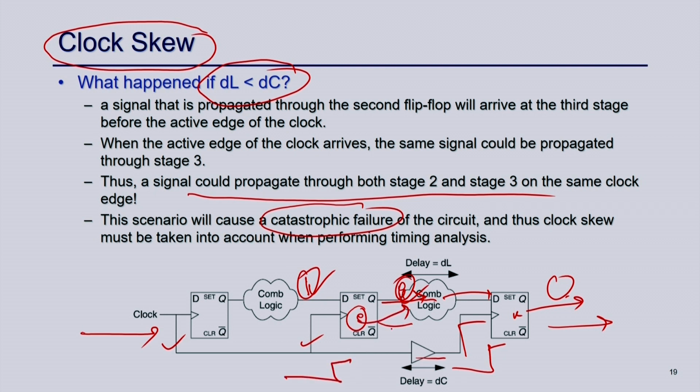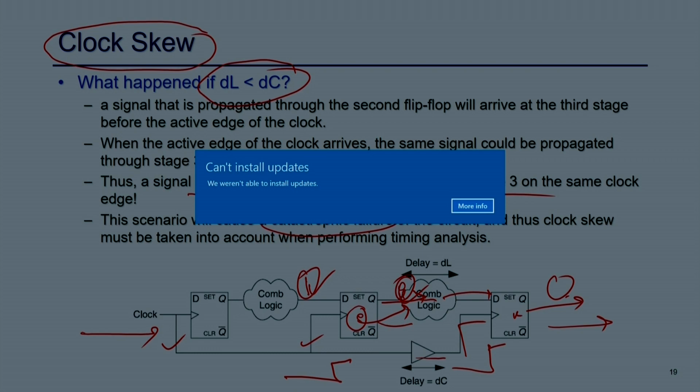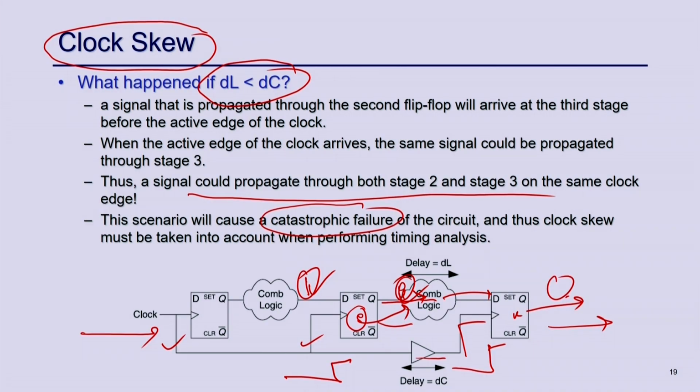Because of the delay in the clock, by the time this clock reaches here, that data is ready at the input of this register and will come out of it. So the same data whatever is here is ready here, which is not expected for a digital circuit, and that is a serious problem for the circuit.